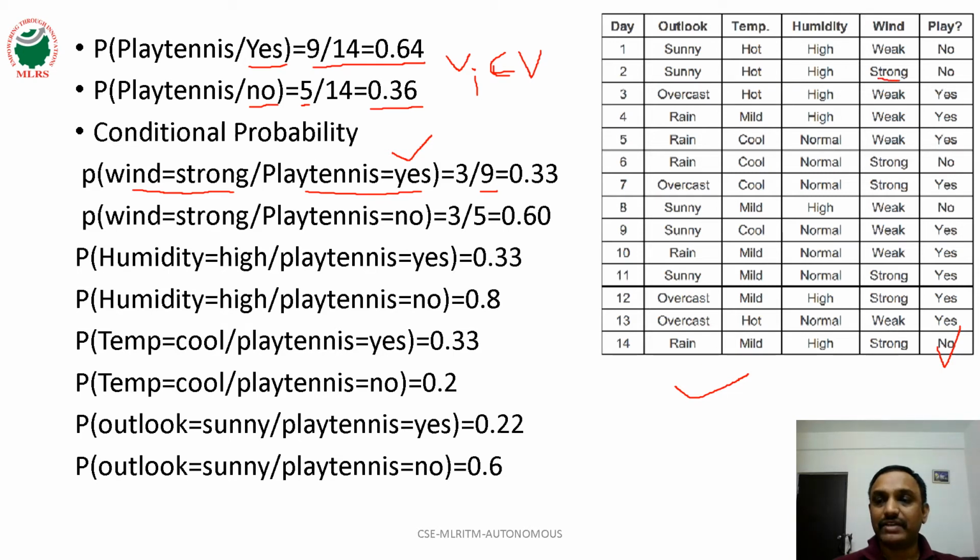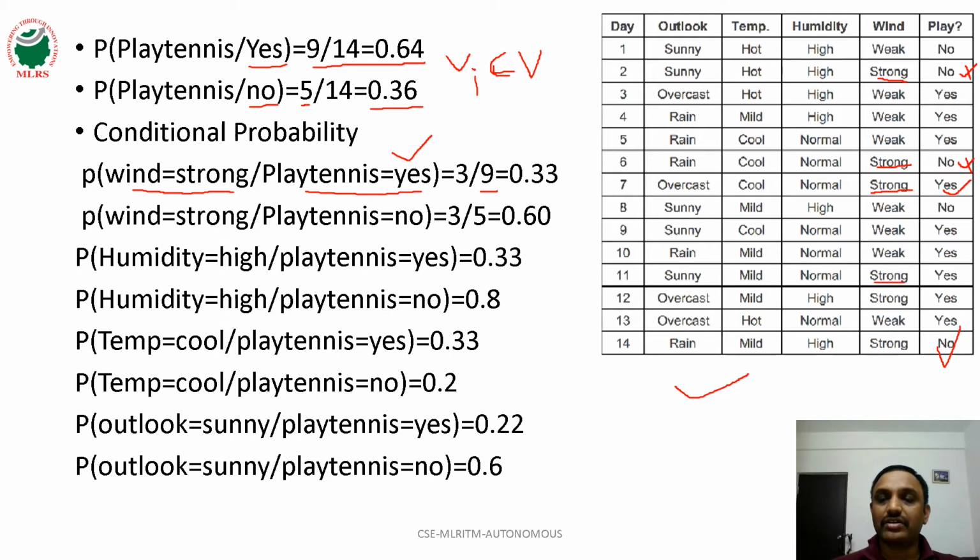Here wind is strong, but play tennis is no. Next one, wind is strong, play tennis is no. So we are not going to consider these two. Now you see here, wind is strong, play tennis yes, we have to consider this one.